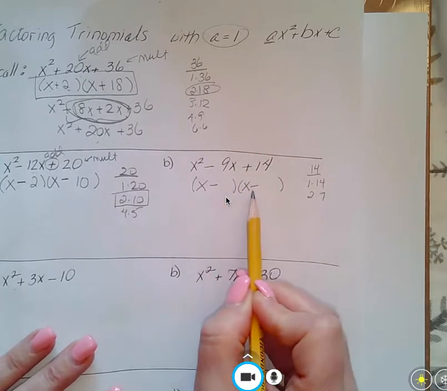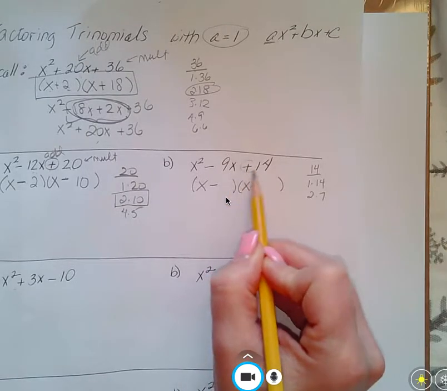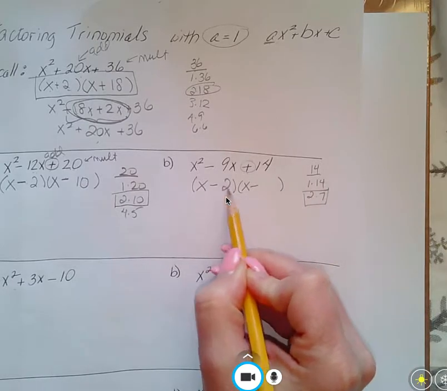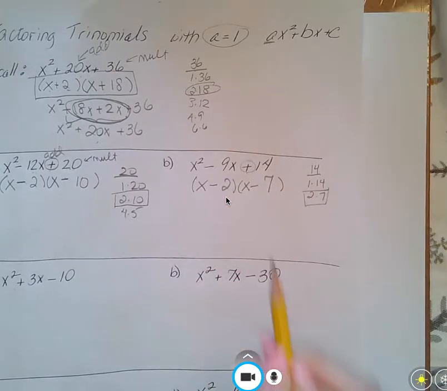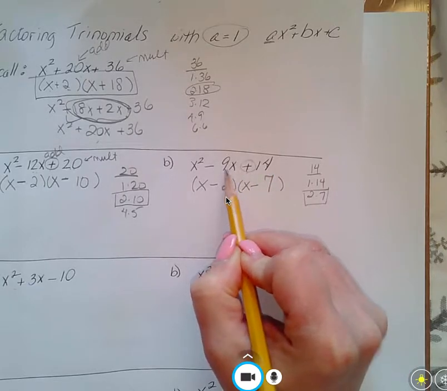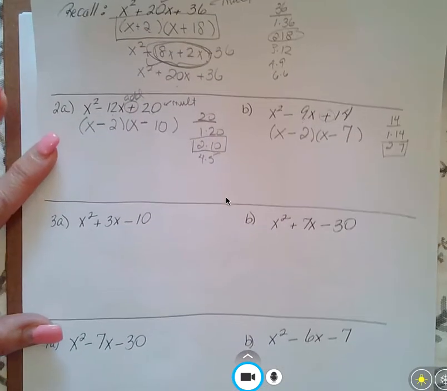So now when we have the same signs, we still find the sum, so we want to add those numbers to get 9: 2 and 7. So I'm going to multiply to 14, add to 9. I kind of work from right to left. That's how I teach myself, and that's what I think in my head as I do these.